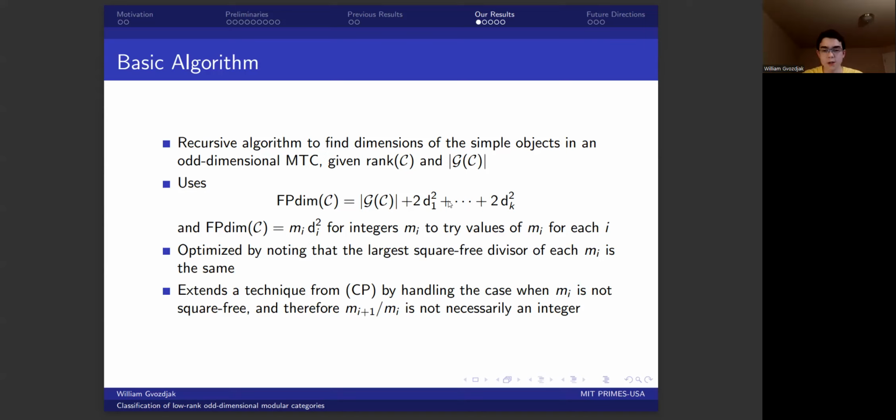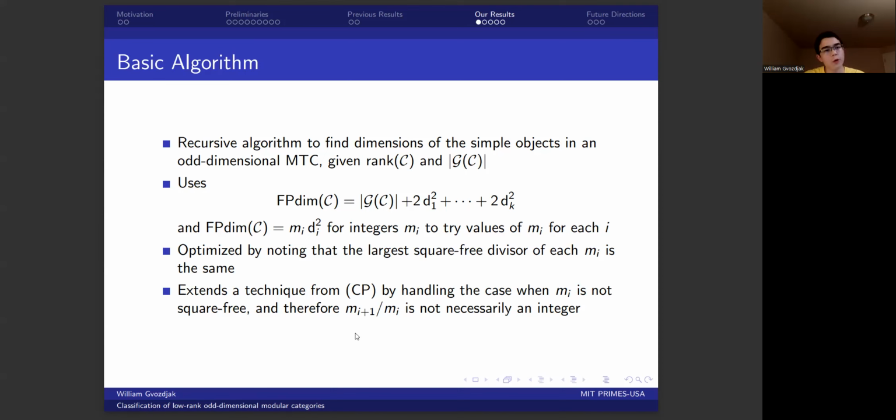But when m sub i is not square-free, this ratio is not necessarily an integer, which makes dealing with the equation much harder. So what we did is we converted this technique into an algorithm, and we also allowed coefficients to go into non-integer numbers. And yeah, that was what our basic algorithm did.